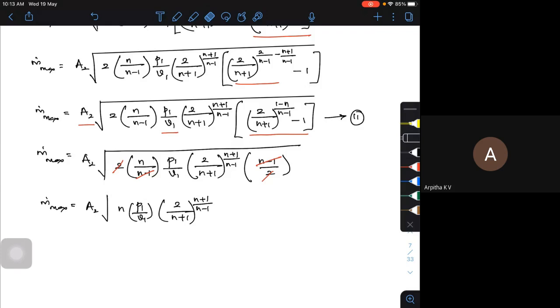So this is sufficient. You can call this equation 12. So you can stop at equation 11 or go up to equation 12.